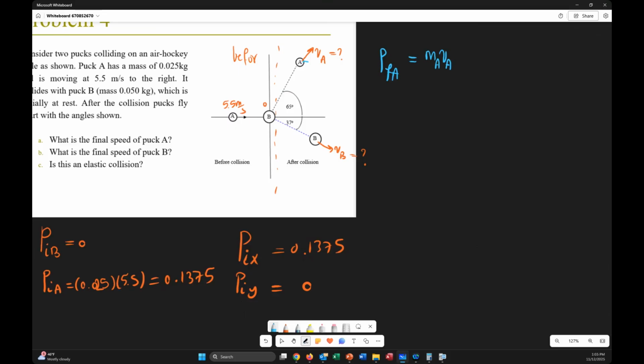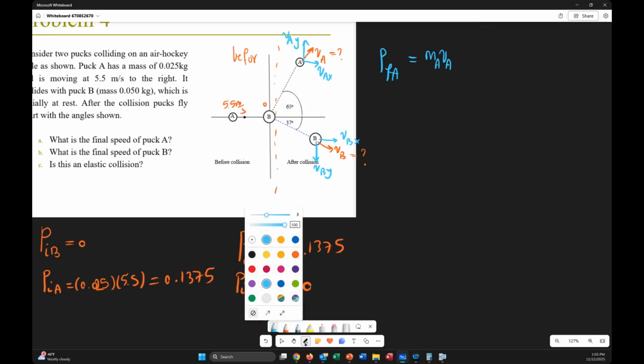We can say the velocity has two components, VAX, yes? VAY, good. And then the same thing for B. VBX, yes? VBY. We already know what the VBX and VBY are.